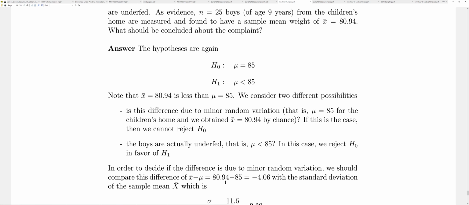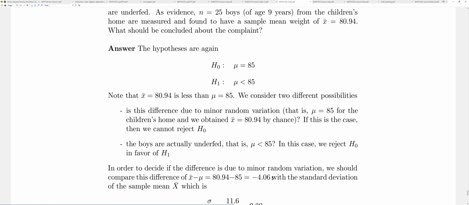So your difference here is 80.94 minus 85, which is minus 4.06. You want to determine if this minus 4.06 is a significant difference or not. How do you determine that? You want to see if the difference is probably due to a random fluctuation or not.